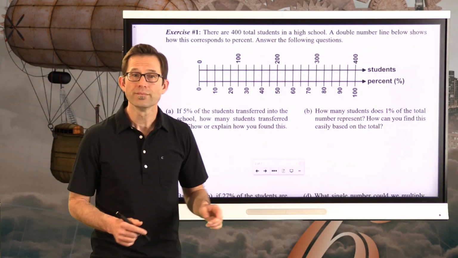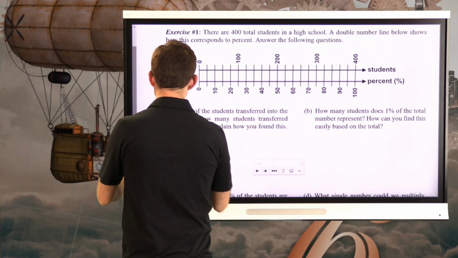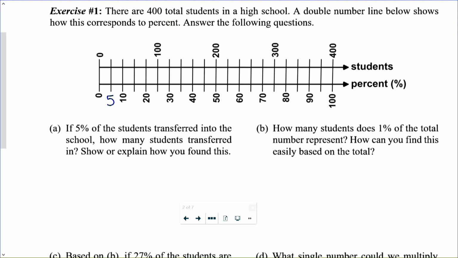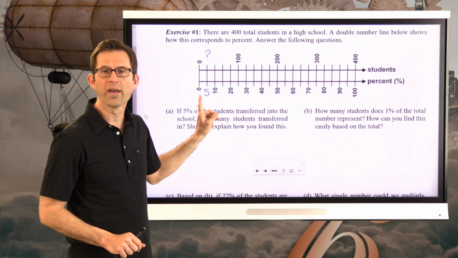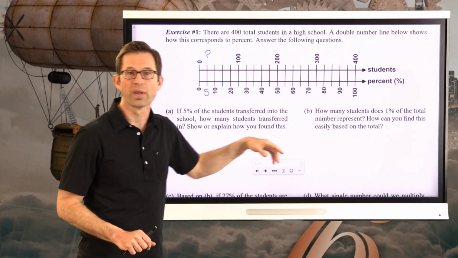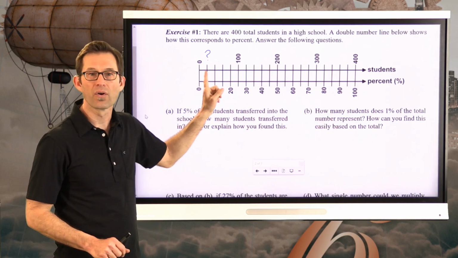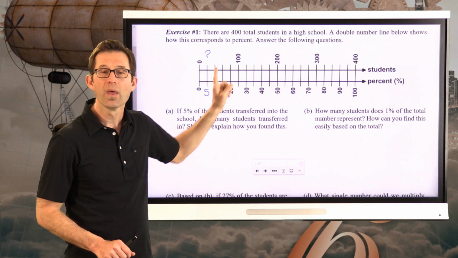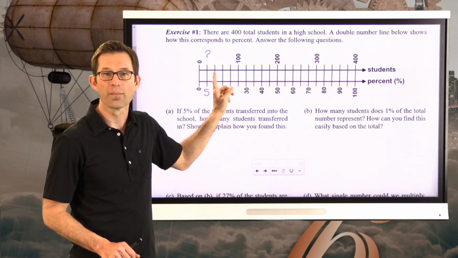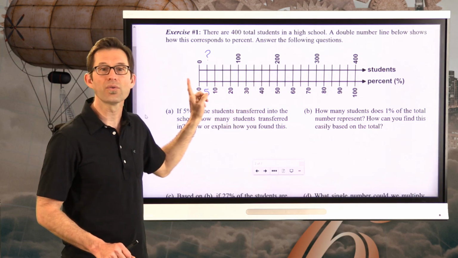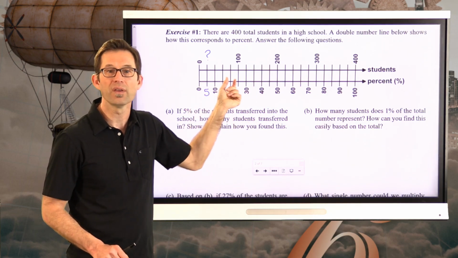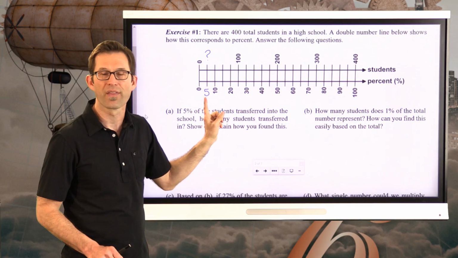We can easily see that 5% lies right here on the number line. The question is, what would lie up here on the student part of the number line? The 5 on the percent part is pretty easy, but up here there is no number. But we can see that it's 0, something, something, something, something, 100. So we can see that this 0 to 100 is divided up into 5 equal parts. That's irrelevant compared to that 5.